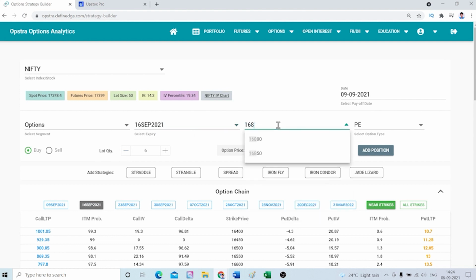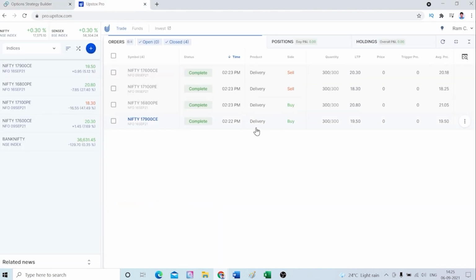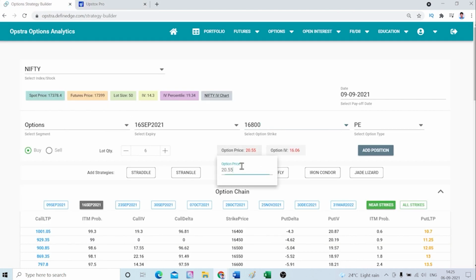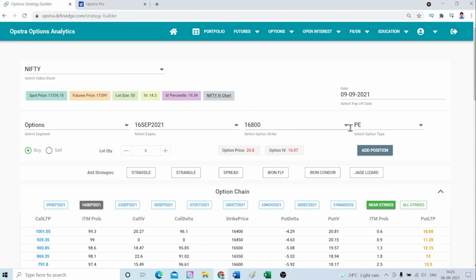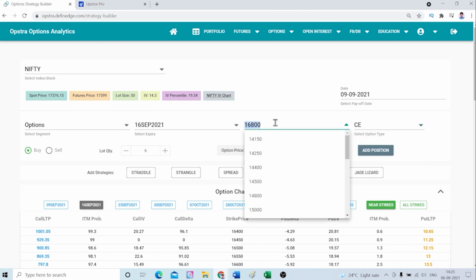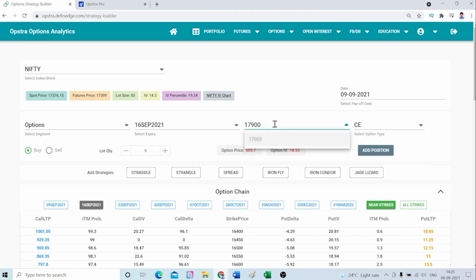The 16,800 put option we bought, I am entering at the same price at which we bought it. And we bought calls at 17,900. We bought it for 1950 paisa, so we will enter the same price at the same strike price. 17,900, the same price is available here. I have added all those 4 options.